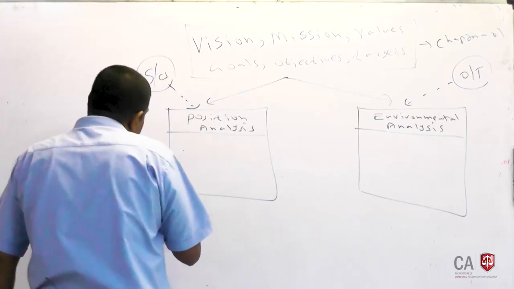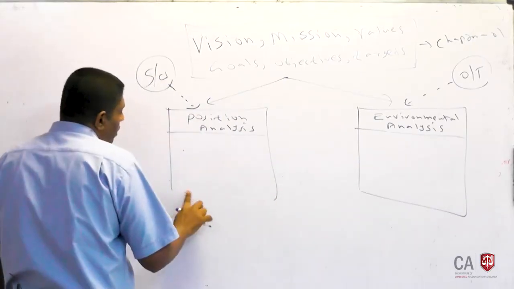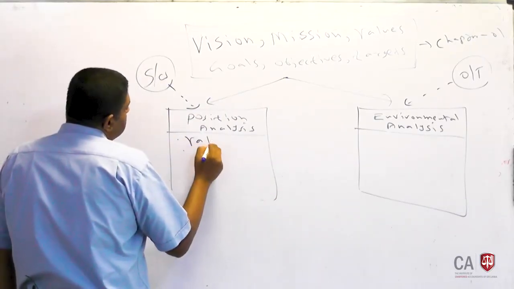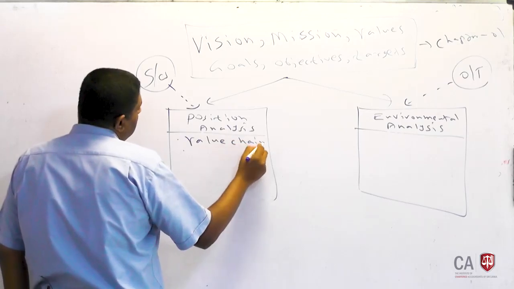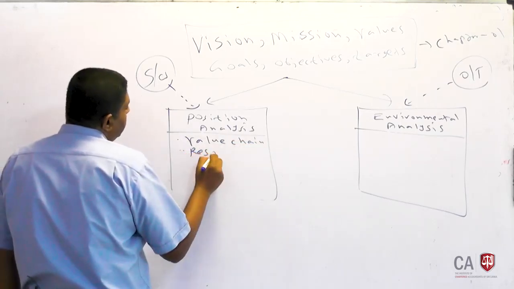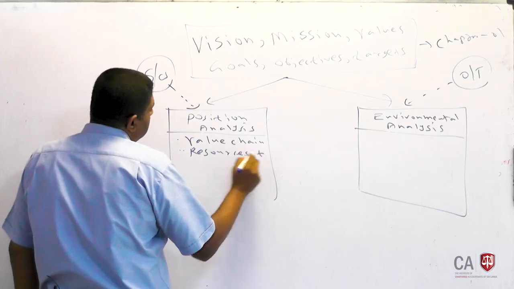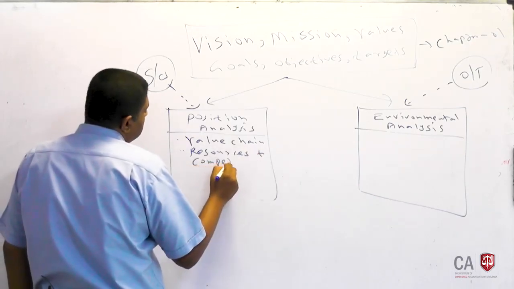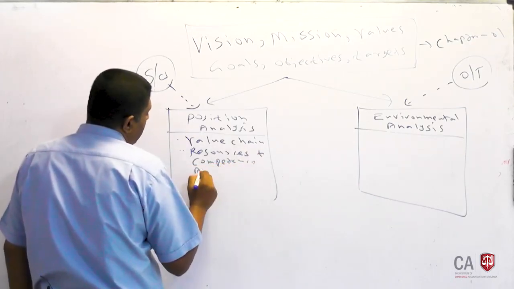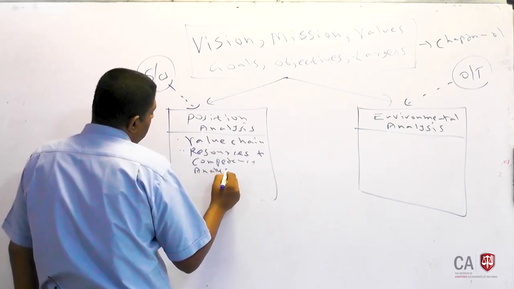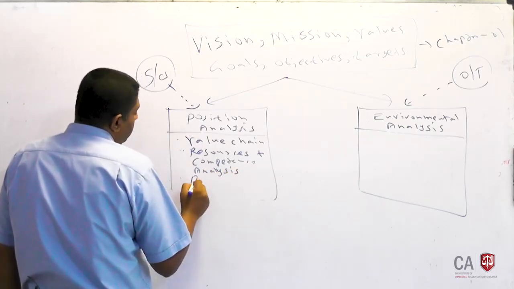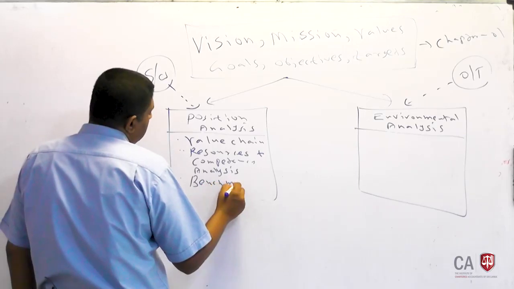To analyze the internal environment, we discussed a few models: the value chain, resources and competency analysis. Then we discussed benchmarking also.